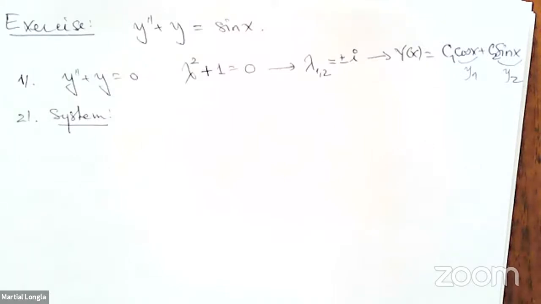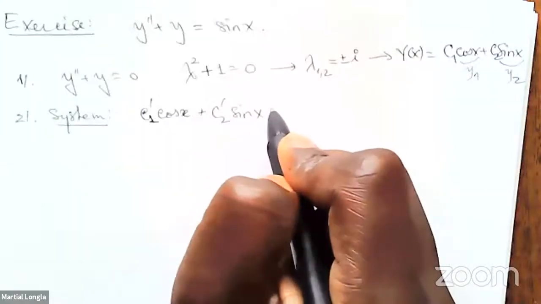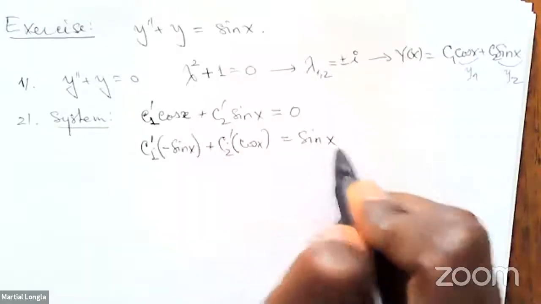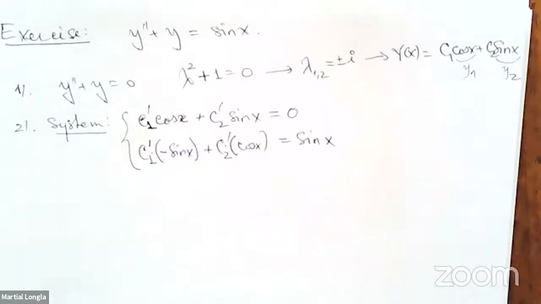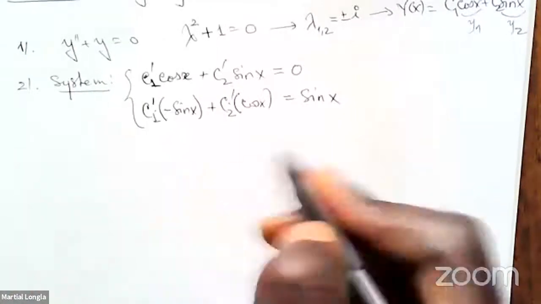I got C1 prime cosine x plus C2 prime sine x equals 0, and then C1 prime negative sine x plus C2 prime cosine x, and that's going to equal sine x. Correct. That's it. And now you can go ahead and find your W's.